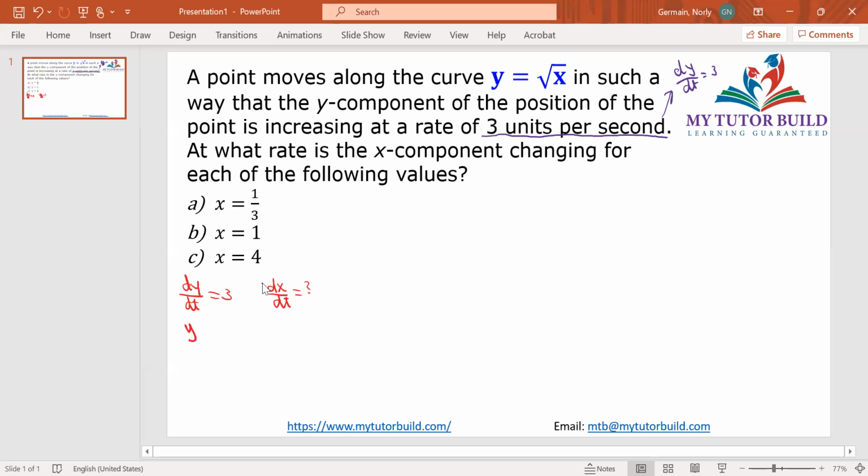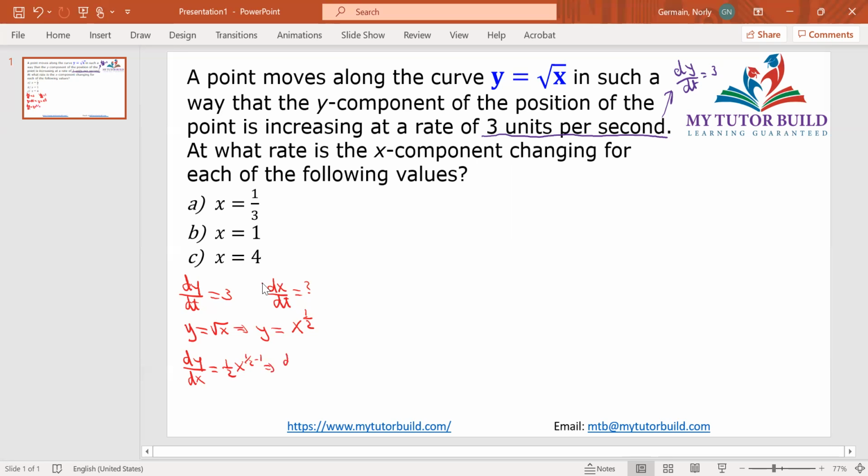We know y equals square root of x, or you can simply write y equals x to the power 1/2. Now, if you derive with respect to x, you're going to have dy/dx equals, bring the 1/2 in the front, x to the power 1/2 minus 1. Remember, you do 1/2 minus 1.